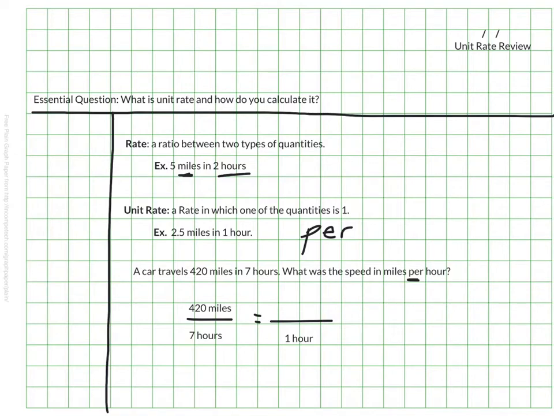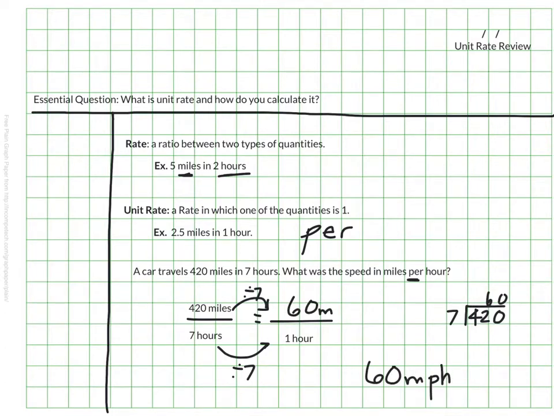So to keep our ratios equivalent, we would divide 7 by 7 to get 1, and 420 by 7 to figure out the rate per hour. And of course, 420 divided by 7 is 60, so we know 60 miles per hour would be the unit rate.